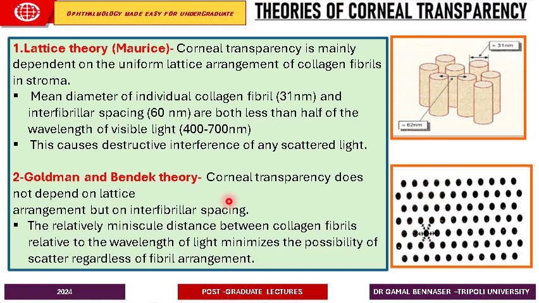Also, the absence of myelin sheath around the corneal nerve fibers; all these are related to corneal transparency. So there are many reasons, but the main reason is the specific and peculiar arrangement and also the interfibrillar distance between the collagen fibrils that is responsible for destructive interference and prevents the scattering of rays, and hence it leads to a high degree of transparency of the cornea.